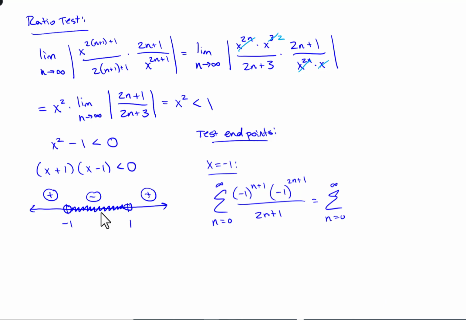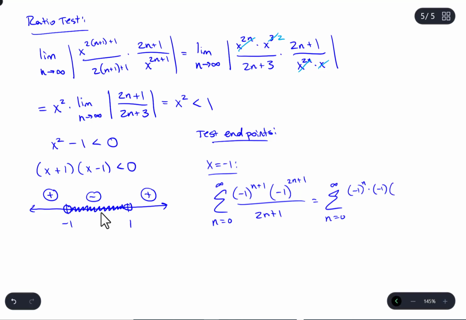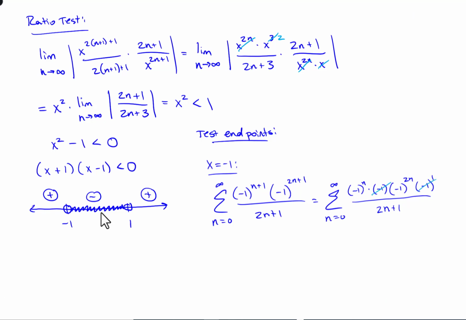All right, -1 to the n plus 1. I can actually write that as -1 to the n times -1. And same sort of thing for -1 to the 2n plus 1. It would be -1 to the 2n times -1 to the first, all over 2n plus 1. Okay, -1 times -1 would just cancel to a positive.